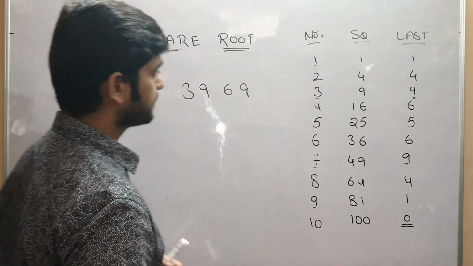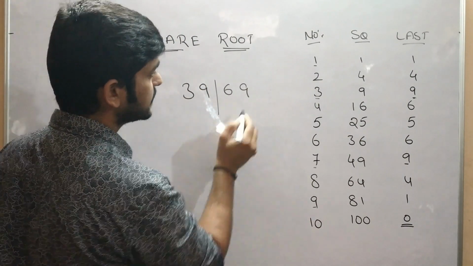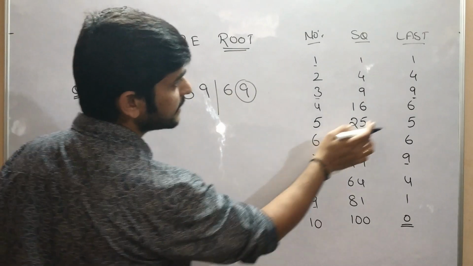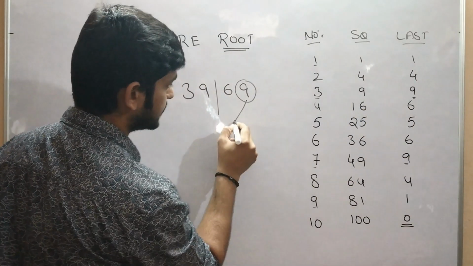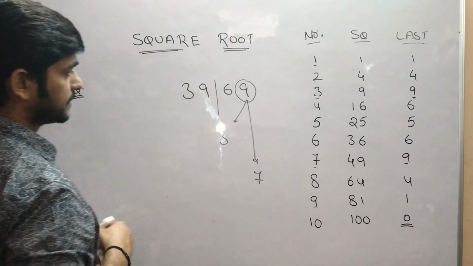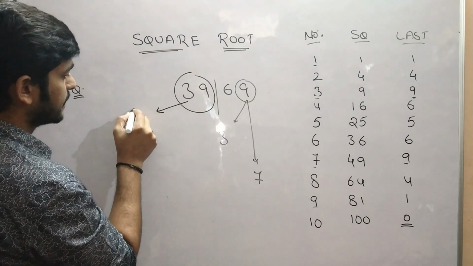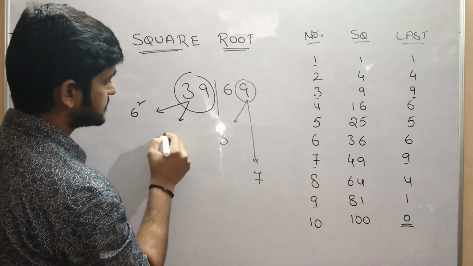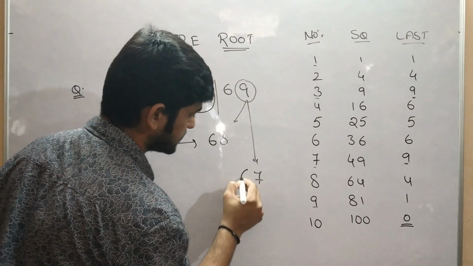Next I am considering 3969. Now the first step is to divide the number into two parts. Here this ends with 9. If that ends with 9, the answer must end with either 3 or 7. Now come to this part, that is 39. 39 lies between 6 square and 7 square. Consider the least one, that is 6 and 6 here.